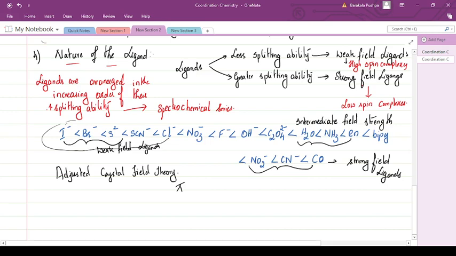That is the reason why some anions remain in the weak field and some positively charged ions have a very high magnitude of splitting. We will discuss these reasons when I explain the adjusted crystal field theory. Thank you.